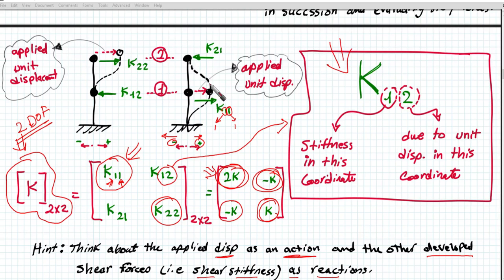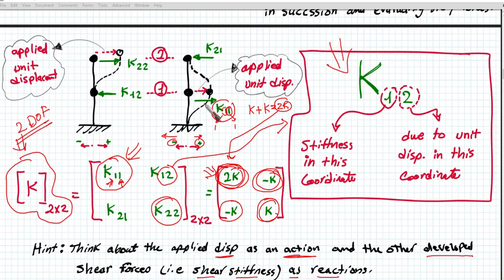Exactly, the top column and the bottom column. Then the shear stiffness that we obtained before is going to be two of them. Because the top floor and the first floor have the same shear stiffness, K11 is going to be K of the first story plus K of the second story, which means 2K. Look here, K11 is 2K.